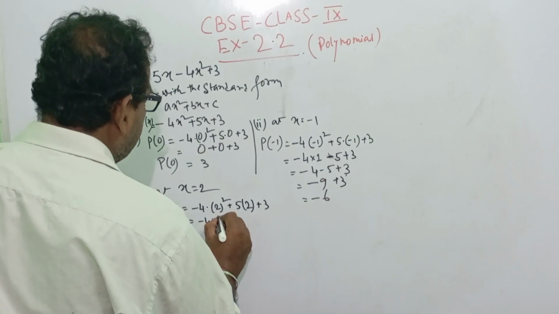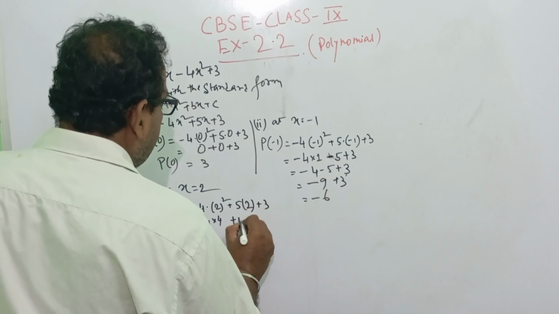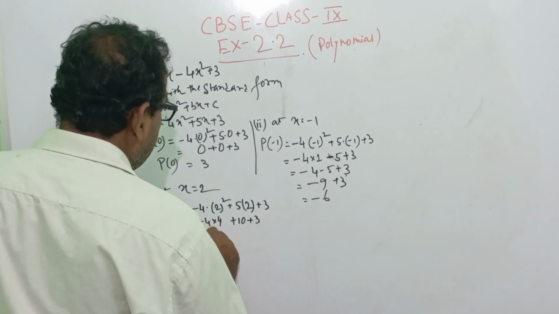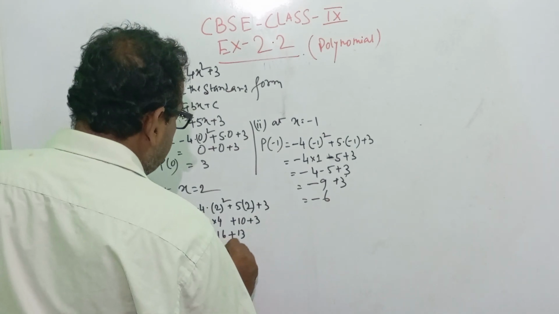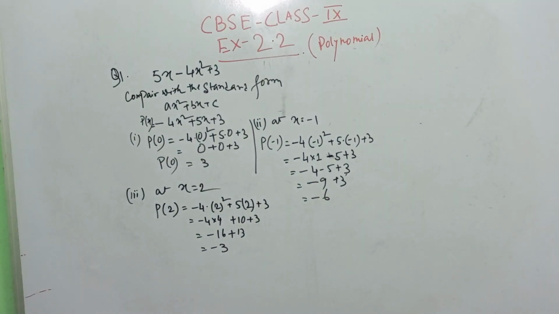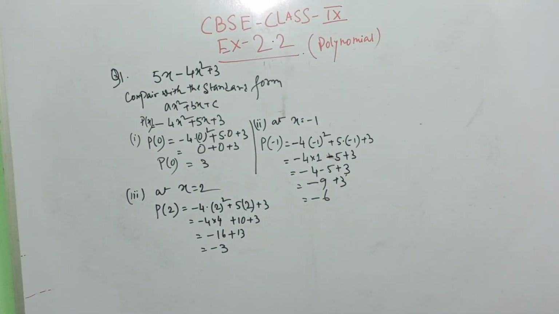That is minus 4 into 4 plus 10 plus 3, is minus 16 plus 13. This is minus 3. Is it clear? The first question is complete.